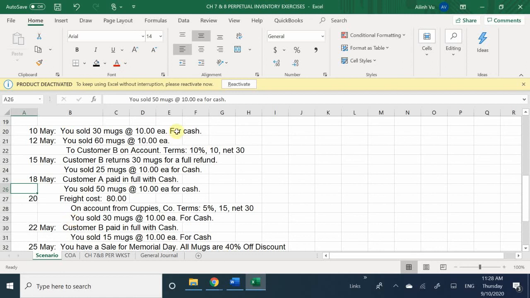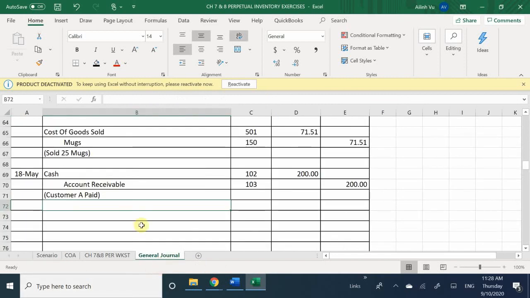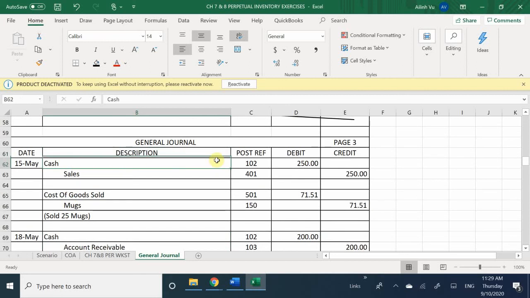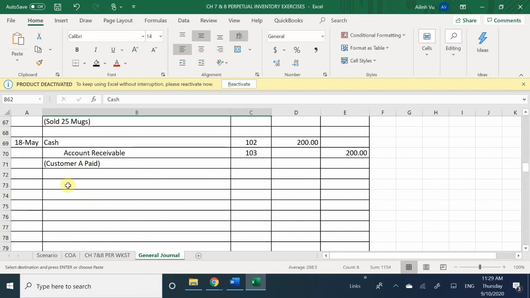All right, and we received cash. So in this case, let's journalize that right now. So we're receiving cash for our sales. We also need to calculate our cost of goods sold. And we also need to update our inventory here.